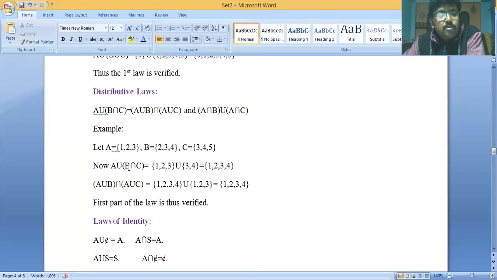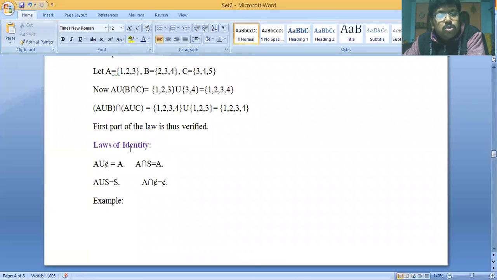So A union B intersection C: A is 1, 2, 3, and B and C intersection is the common elements 3 and 4. Now union, 1, 2, 3, 4. And look at the right hand side, A union B is 1, 2, 3, 4, and A union C, the common part between the two sets, you can find 1, 2, 3, and ultimately 1, 2, 3, 4. So the first part is verified.